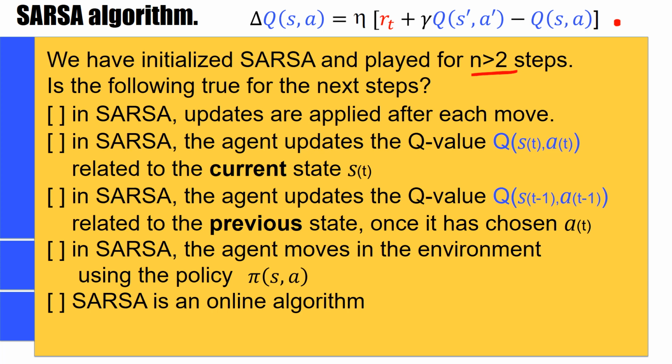In SARSA, updates are applied after each move. In SARSA, the agent updates the Q values Q of S, A related to the current state. In SARSA, the agent updates the Q values Q of S_t-1, A_t-1 related to the previous state once it has chosen A_t. Now think for a moment and then we do it.